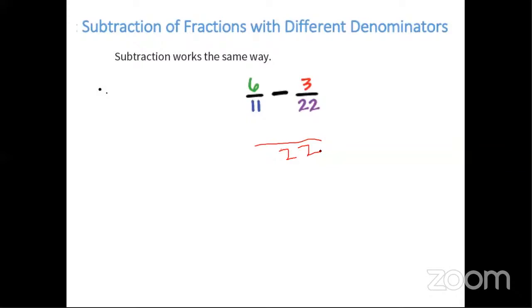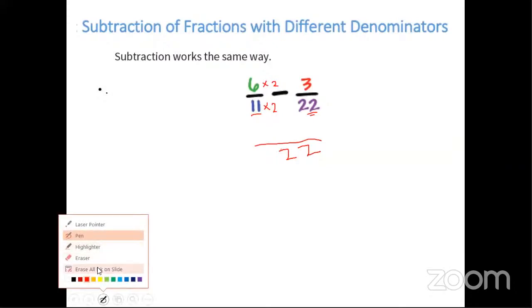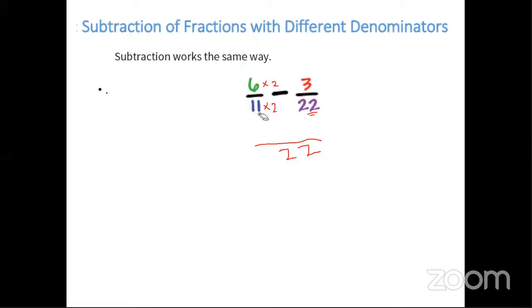Take an example. If I want these ones to be the same, I can multiply this one by 2 and also the upper one by 2. We want these denominators the same.